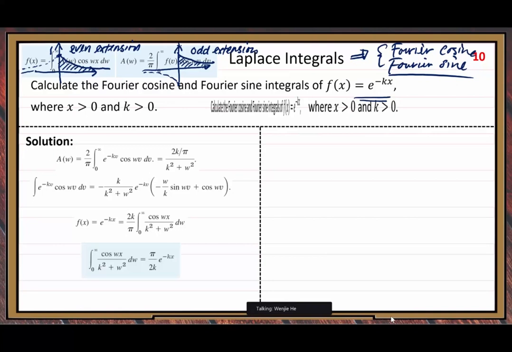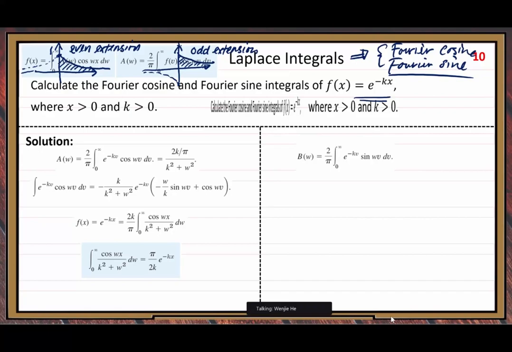You can write a different form. This represents non-trivial, right? It's not easy to get this representation. Non-trivial.